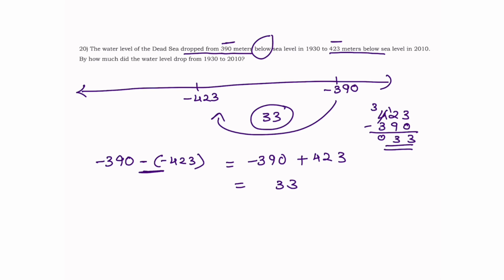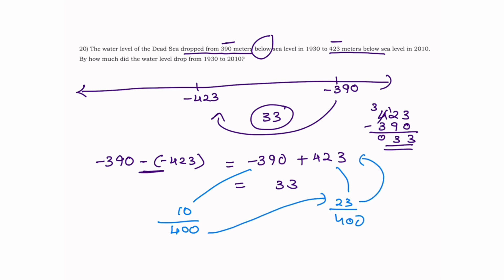Like 390 over here, if you add 10, you will get 400, right? And from 400 to 423, you add 23 and you reach over here. So this is 10 and this is 23. That gives you 33 as you have it here. So this is a way to do mental math, okay?